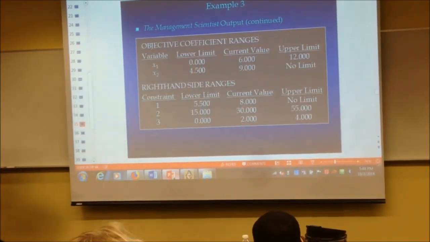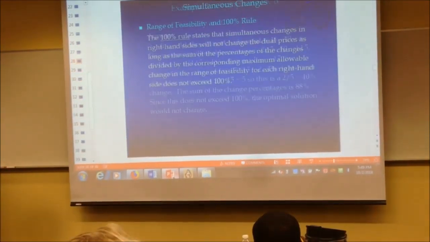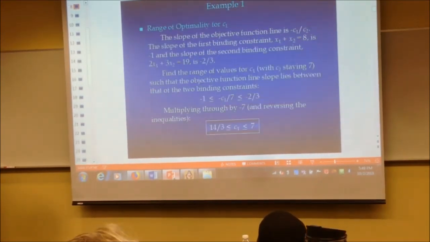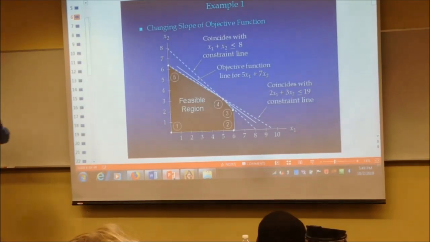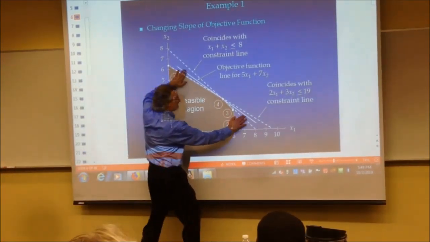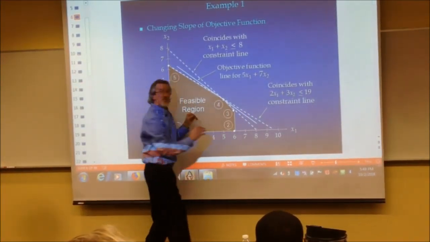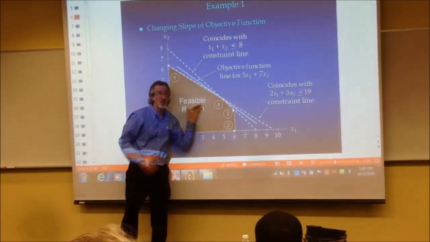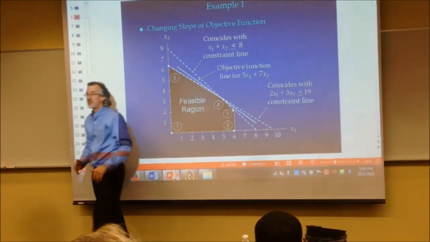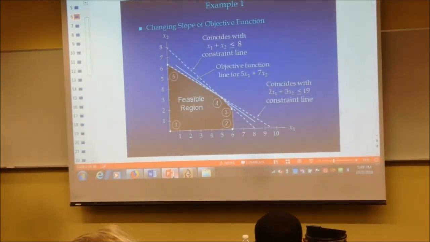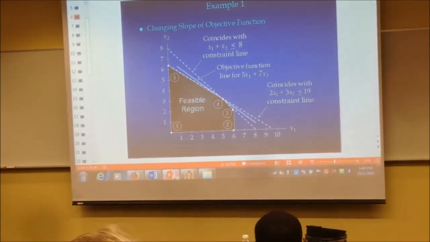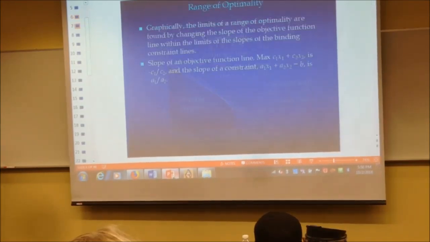Which means, if this were a graph, that changes the angle of the objective function line, probably a shift this way or that way, but not enough that this wouldn't still be the optimal solution when we were to regraph it and move it out again. So because of that, we can make a quick decision. Optimal solution is still valid. Don't make any changes. Everybody stay with the production schedule we planned on, or whatever the situation may be that we have to make a decision.